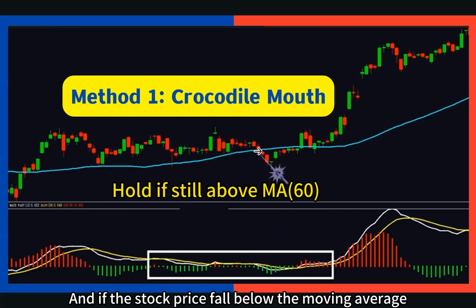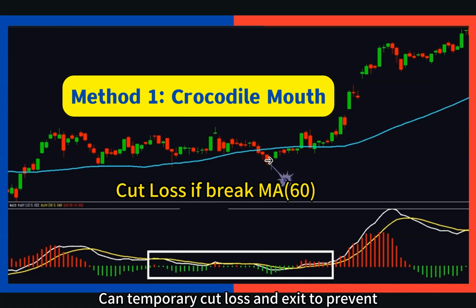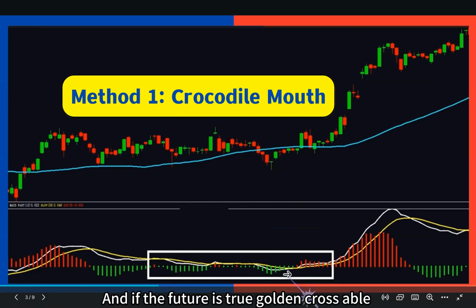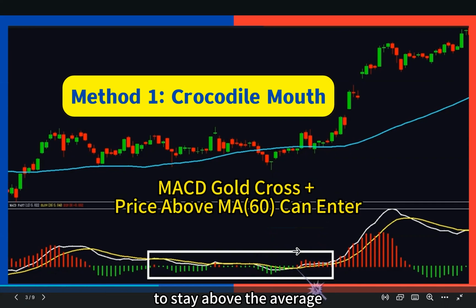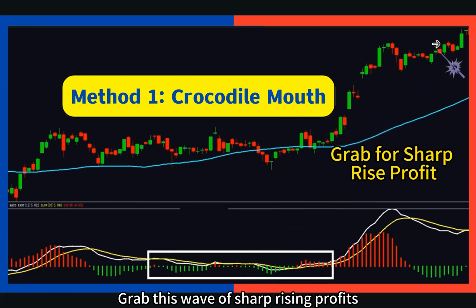And if the stock price falls below the moving average immediately after the golden cross, then we can temporarily cut loss and exit to prevent the risk of a big drop. And if the price is able to stay above the average after the golden cross, then you can hold strongly and grab this wave of sharp rising profit.